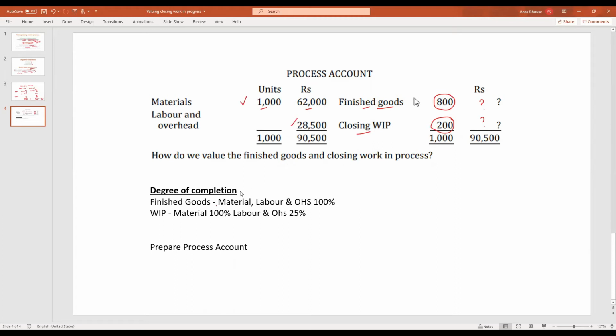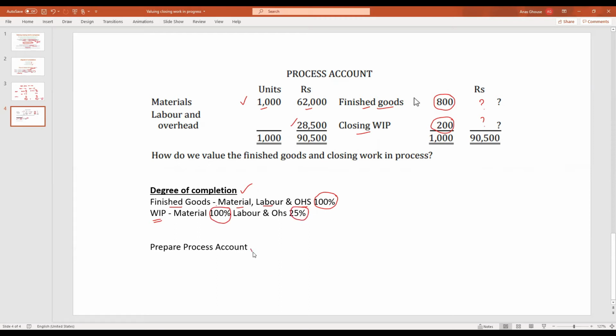You are given the degree of completion. With regard to finished goods, material, labor, and overheads are completed 100%. With regard to work in progress, material is completed 100%, labor and overhead only 25%.